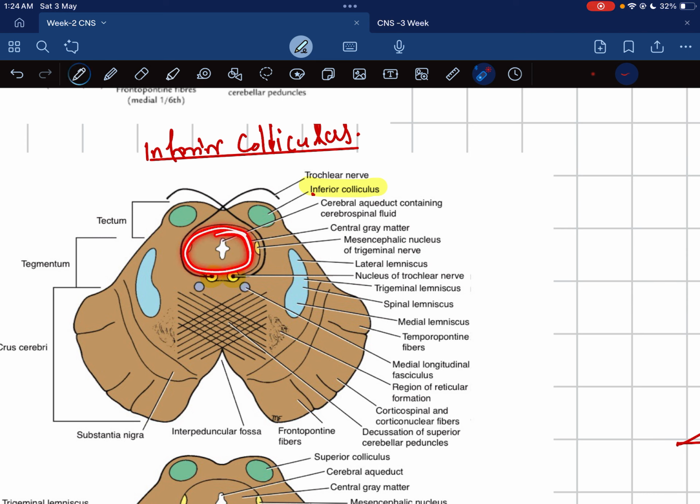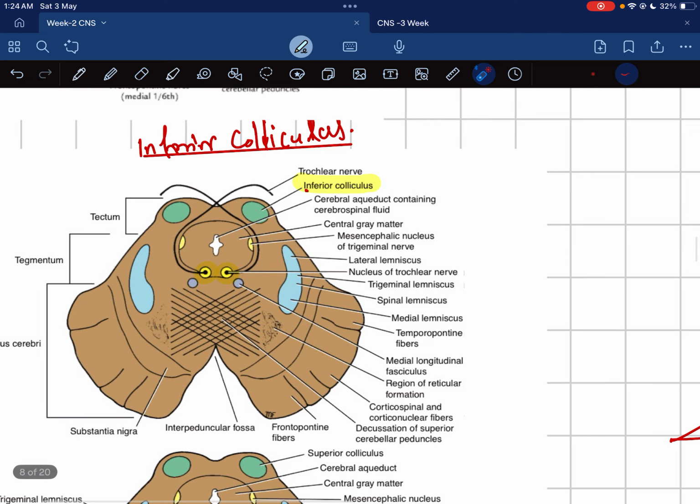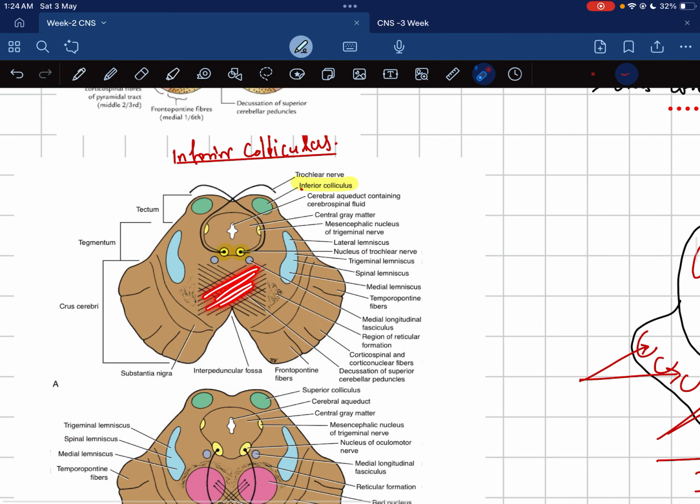There is the central gray matter, and here is the decussation of the superior cerebellar peduncles, and this region is known as the substantia nigra. Here the ascending fibers are in this region: the spinal lemniscus, the medial lemniscus, and the lateral lemniscus.